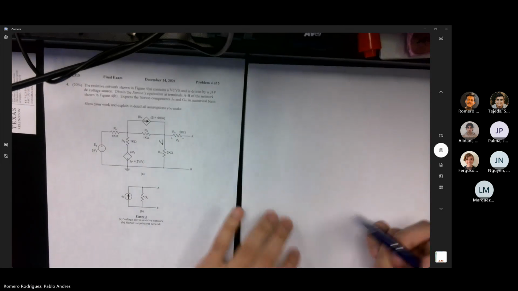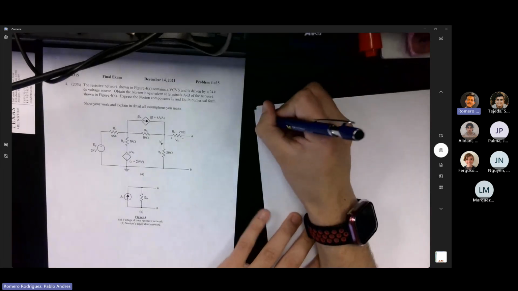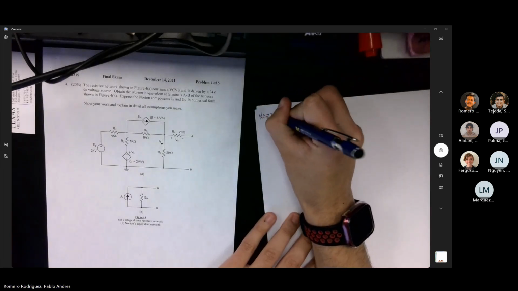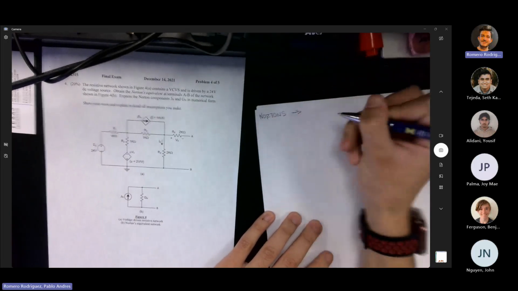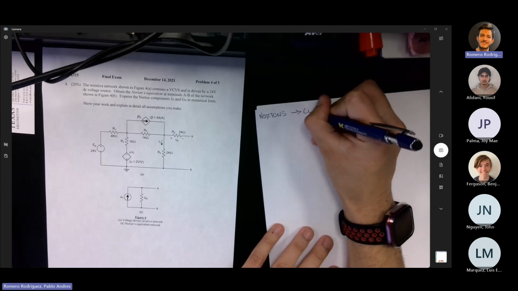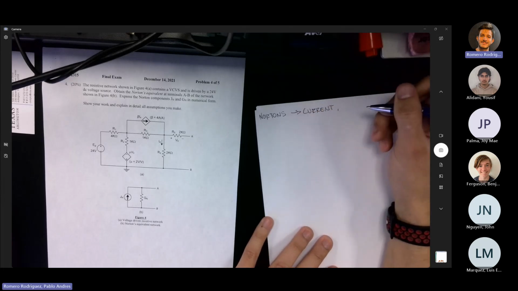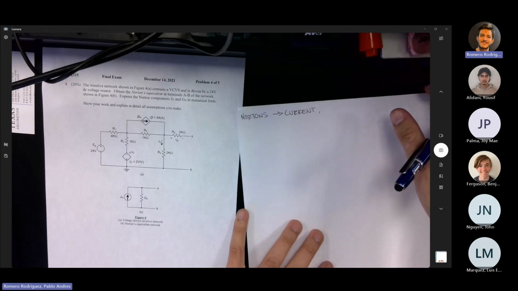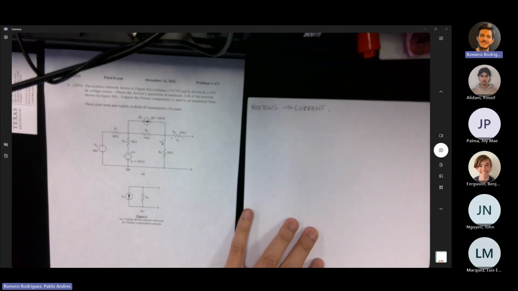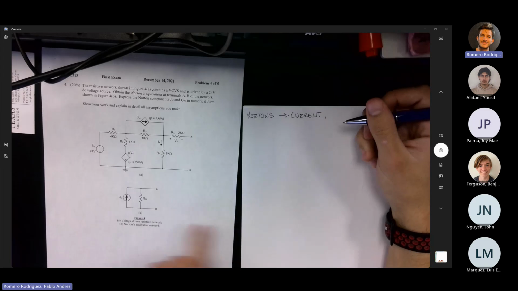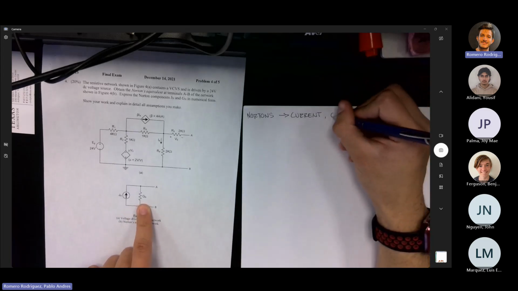So for Norton's, here's the basics from what I know. Norton's is always related to current. You want to do current? Yeah, you're gonna need current and conductance.